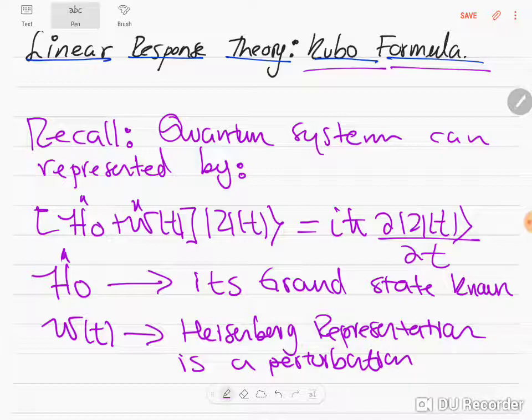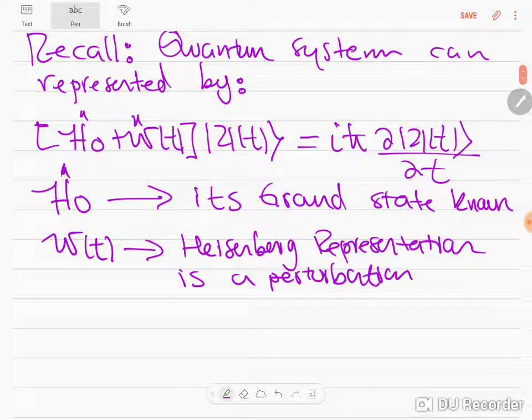And as we did in the past two videos, what we want to do is to determine the response, or determine the quantum state psi of t, iteratively as a function of powers, or products of powers, of W of t evaluated at different time instants. So now what we want to focus on is the linear expression to calculate psi of t in terms of W of t.